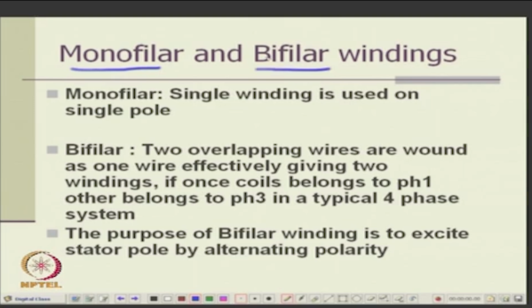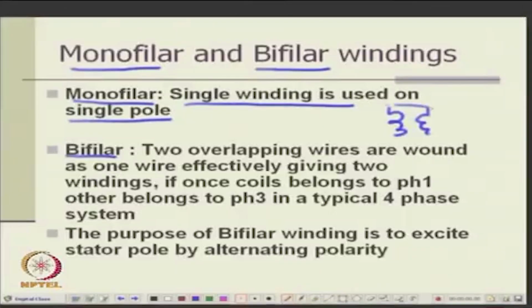Monofilar is a single winding wound on the coil, a single winding which will produce a single pole. That is monofilar winding. Bifilar has two identical overlapping windings wound on the same pole, but one in the forward direction, the other in the backward direction.